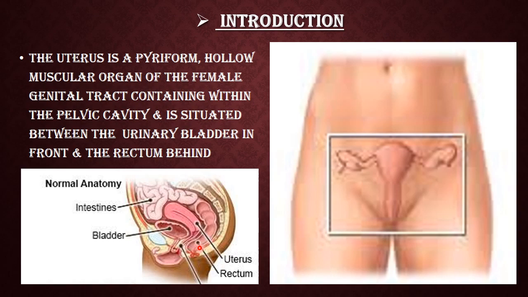It communicates with the vagina in front and with the general peritoneal cavity by the uterine tube, which opens at its lateral angle.